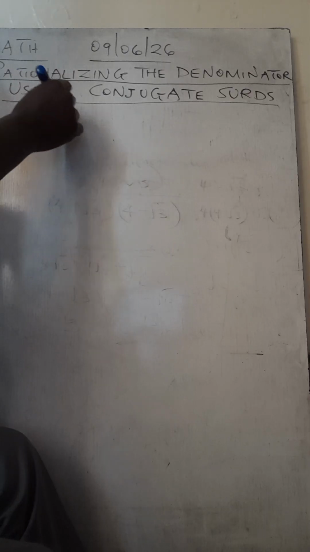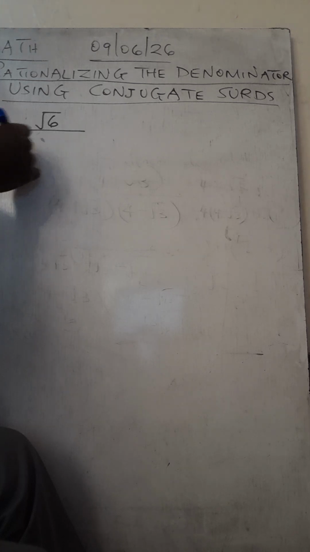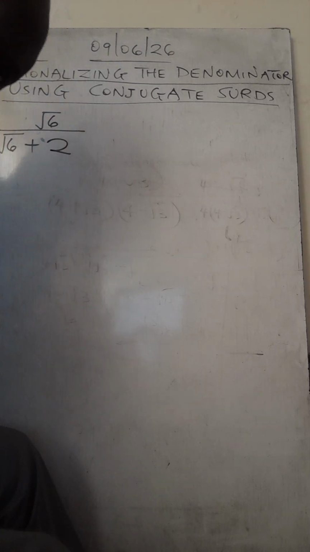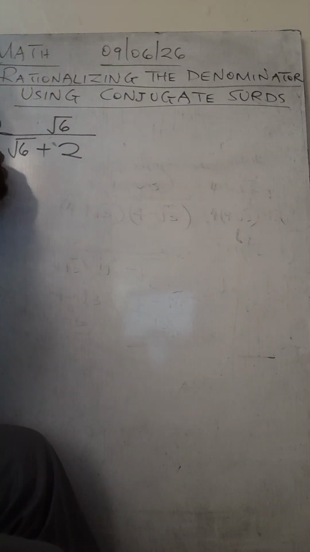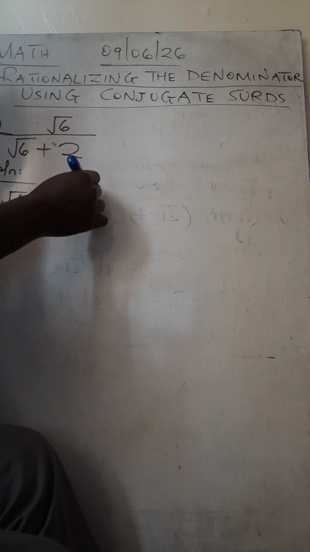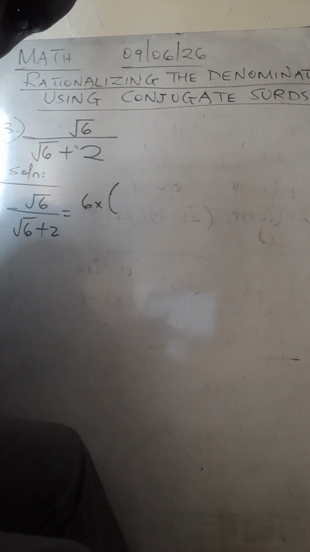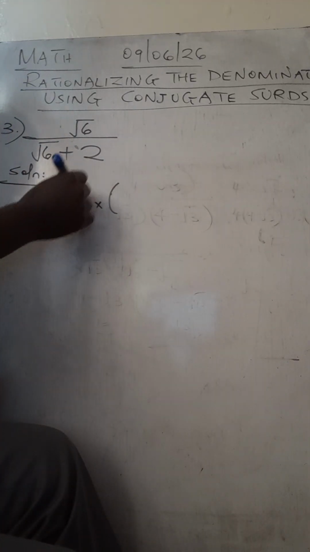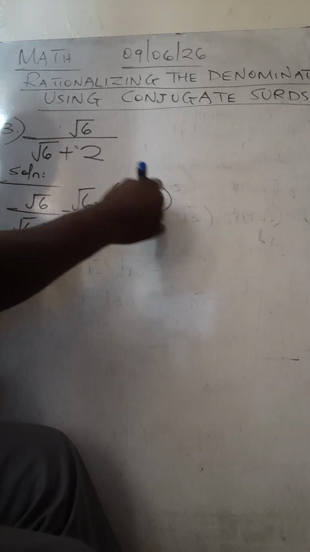We have root 6 over root 6 plus 2. You're supposed to rationalize that. So to rationalize, this is what you have: root 6 over root 6 plus 2 equals root 6 times the conjugate surd of this, which is root 6 minus 2.